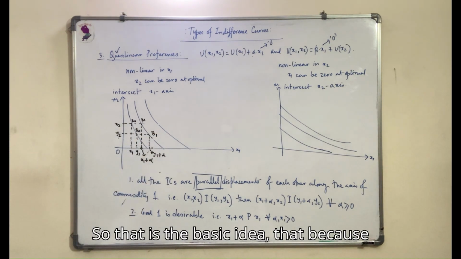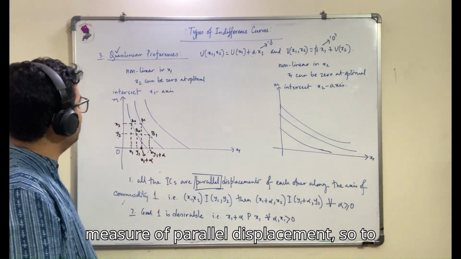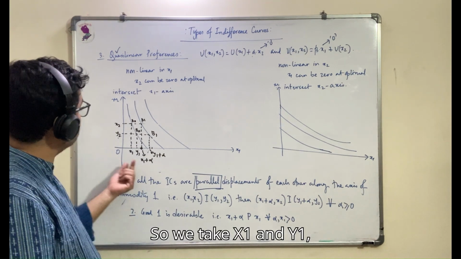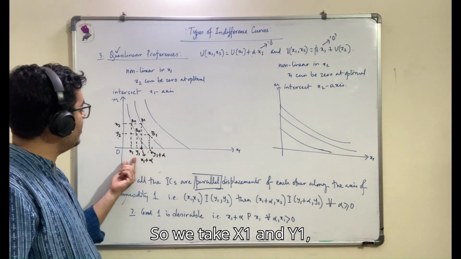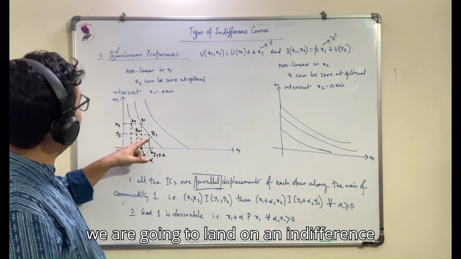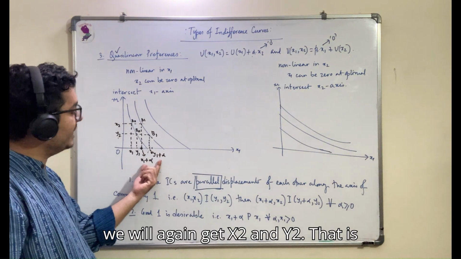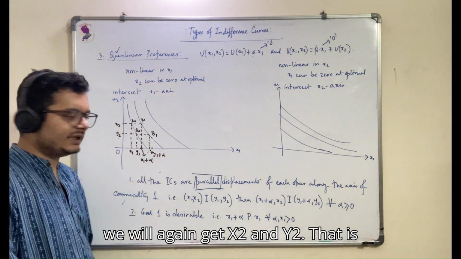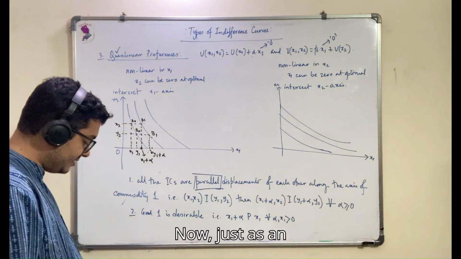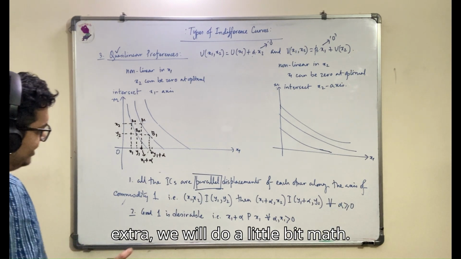So that is the basic idea, that because it's a parallel, alpha here works as a measure of parallel displacement, so to say, if you term it. Okay. So we take x1 and y1, shift them by the same amount alpha, and we are going to land on an indifference curve where corresponding to these two we will again get x2 and y2. That is the basic idea of quasi-linear.